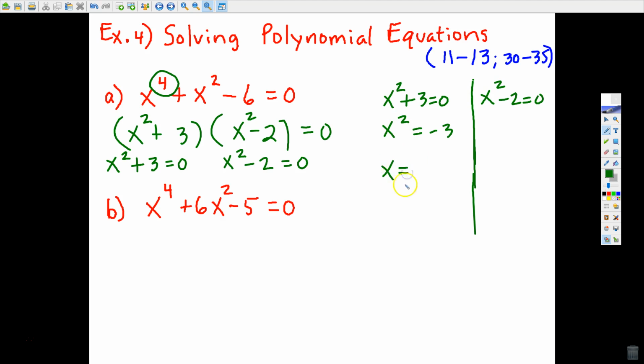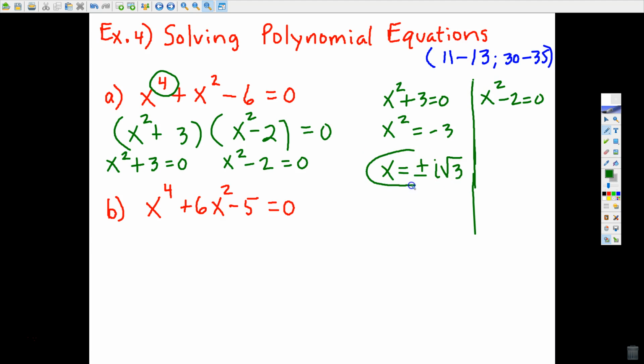I remember my teacher told me years and years ago, anytime I do the square root of both sides of an equation, I have to do plus minus. And if I'm doing the square root of a negative number, that means I have to use the number i. So how many solutions is this altogether right here? 2. Positive i root 3 and negative i root 3.